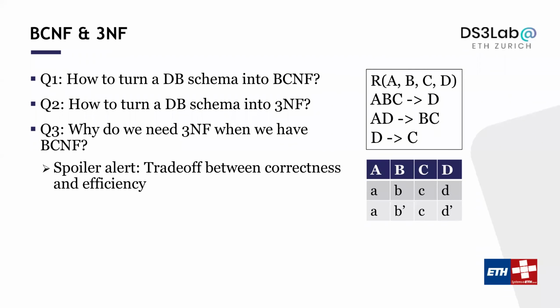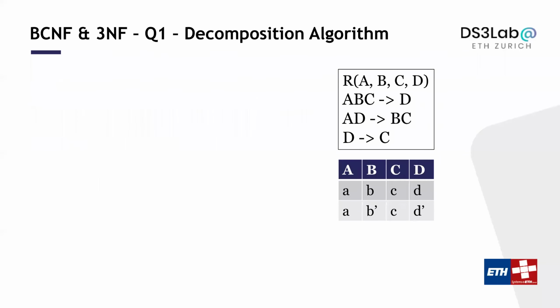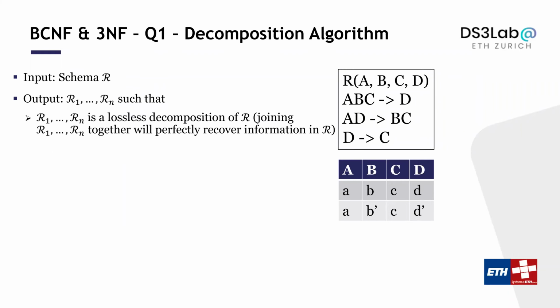Okay, so now let's look at each of these questions one by one. The first question is, if you give me a relational design R that's not in BCNF, how can we have an algorithm that decomposes R into a set of smaller relations, R1 to Rn, such that it satisfies two conditions?